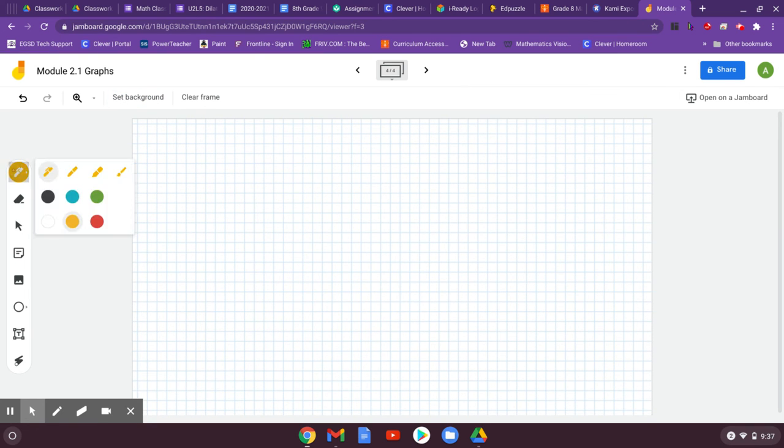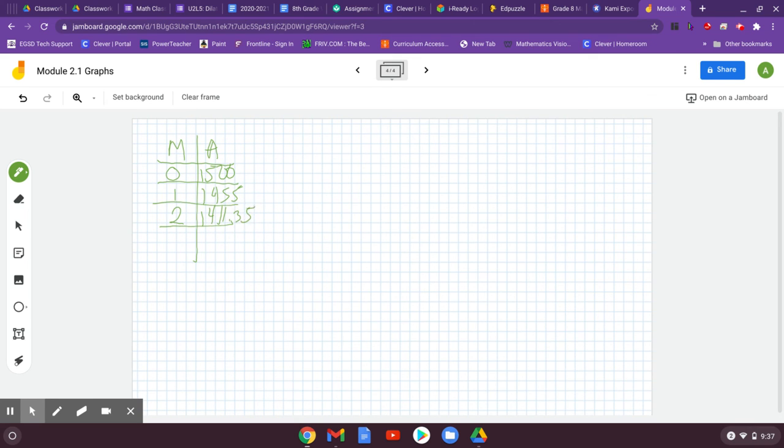So this guy, we've got our table here, minutes and amount of water. 0 is 1,500. 1 was 1455. 2 was 1411.35. 3 was 1369.